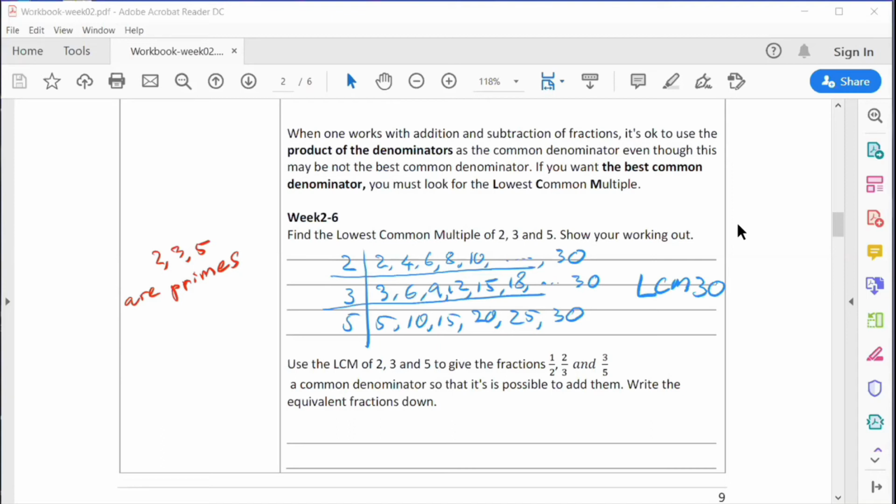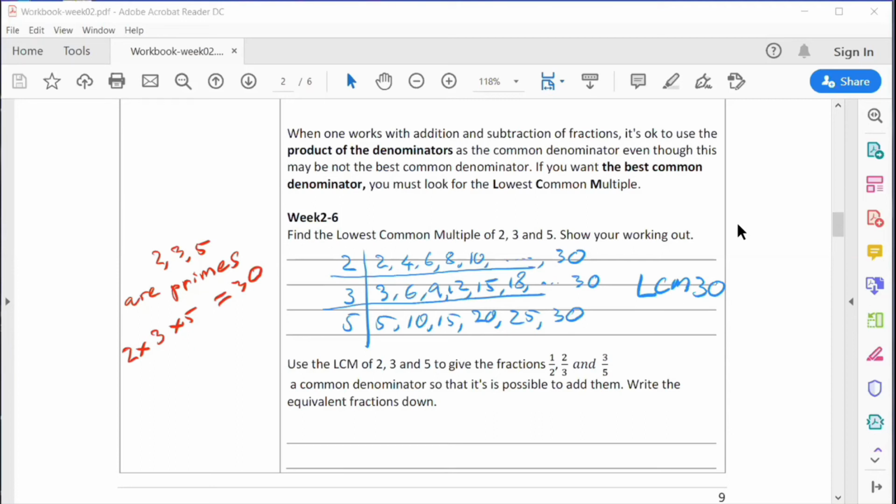Well, if they are prime numbers, they can't be divided by anything else. And when you have prime numbers, there's no need to do all that. All you can do is multiply them together, and that equals 30 straight away, saving a lot of time. You get the idea? If they are prime numbers, you just multiply them together straight away, and that is your LCM.